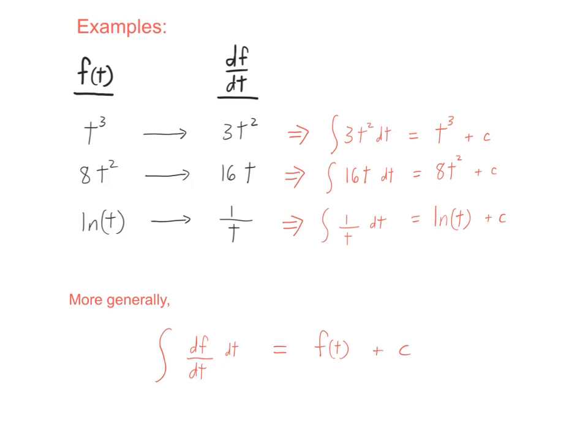So it's in this sense that we can claim that taking an integral is effectively the inverse of taking a derivative. So if you've taken a derivative and then you take the integral of that derivative, you effectively undo the whole thing and you end up with the original function back again.